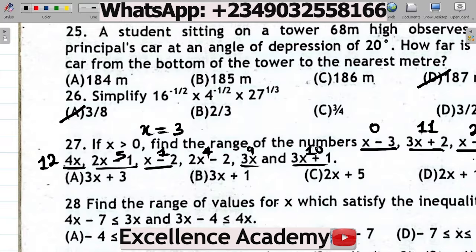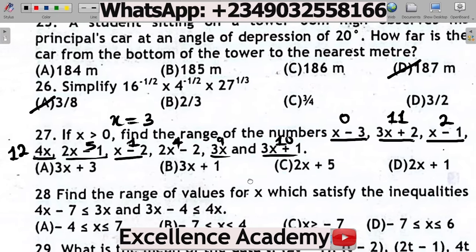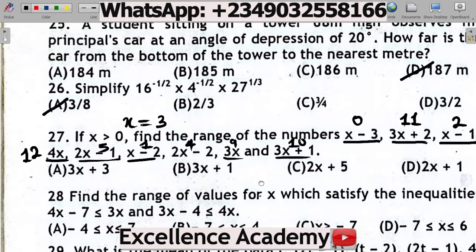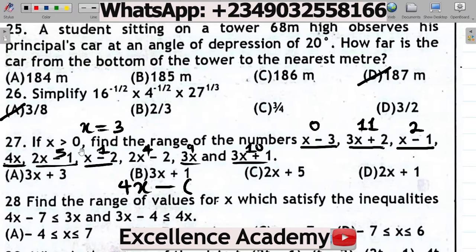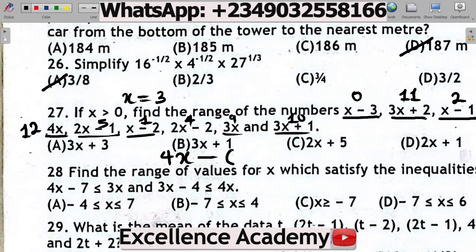So let's get the biggest value minus the smallest value here. The biggest value here, obviously, would be 12, and 12 is from 4x. So range becomes 4x, the biggest value, minus the smallest value. We can see that the smallest value is 0. And we get 0 from what there? x minus 3. So it becomes 4x minus x minus 3.